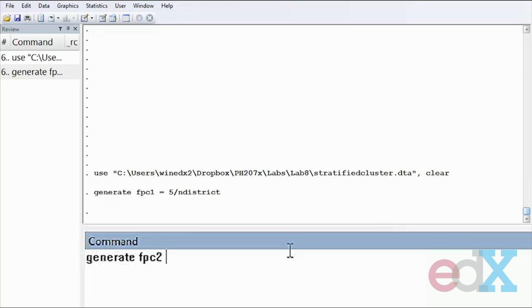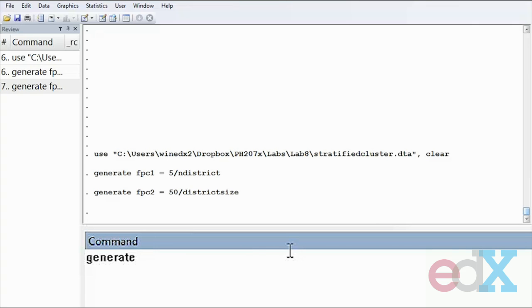Now we can generate our second stage finite population correction, FPC2, and recall we're sampling 50 individuals within a district, so our second stage correction is going to be 50 divided by the district size. Now to generate our survey weights, we would say generate weight_stratcluster. That's the variable name I'm going to give it. And again, we do FPC1 times FPC2 and invert that.